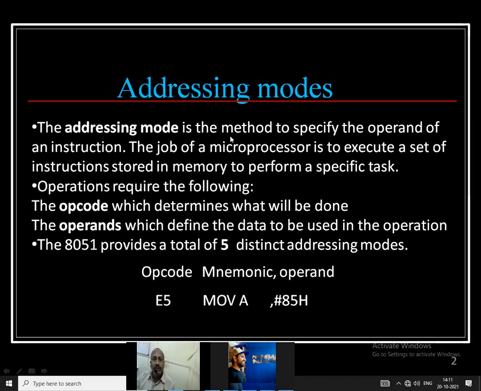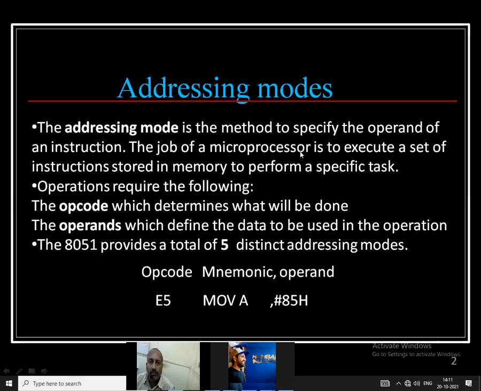The addressing mode is the method to specify the operand of an instruction. An instruction is also written here, for example, through which we can have this addressing mode. Depending on the operand and mnemonic, different addressing modes are there.